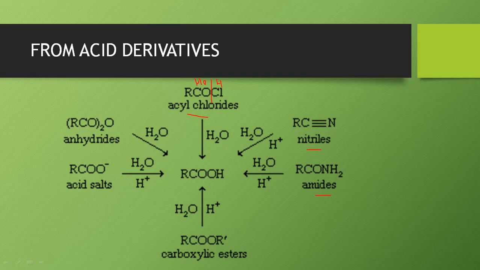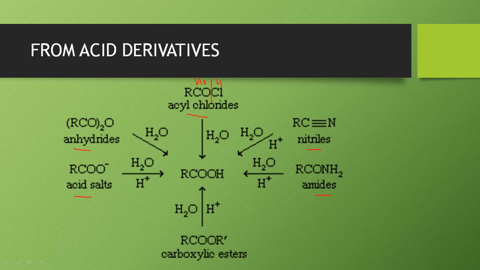Then we have acid anhydrides. Yes, from anhydride again similar with water. One molecule gets hydrolyzed, water is added to give you 2 molecules of carboxylic acids. Acid salts, any acid salts again on hydrolysis will give you carboxylic acid.